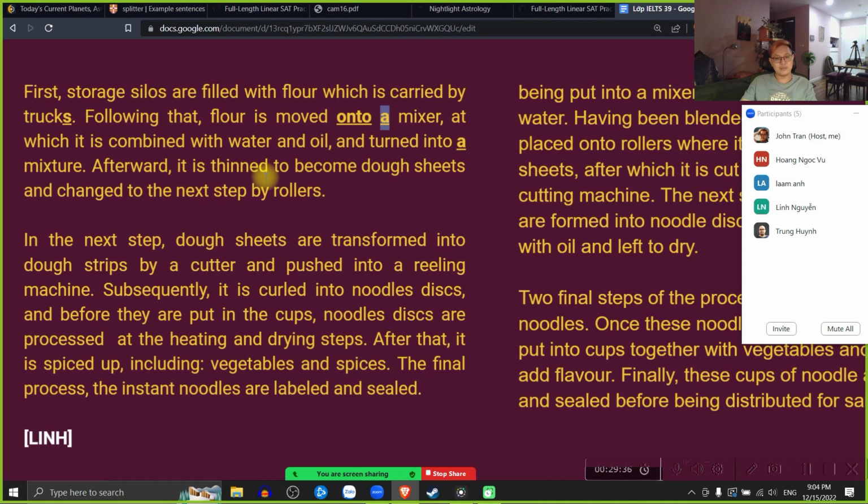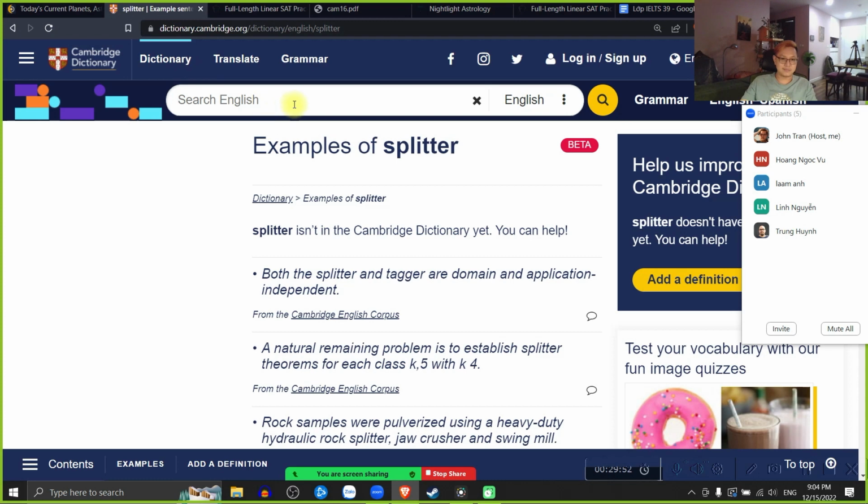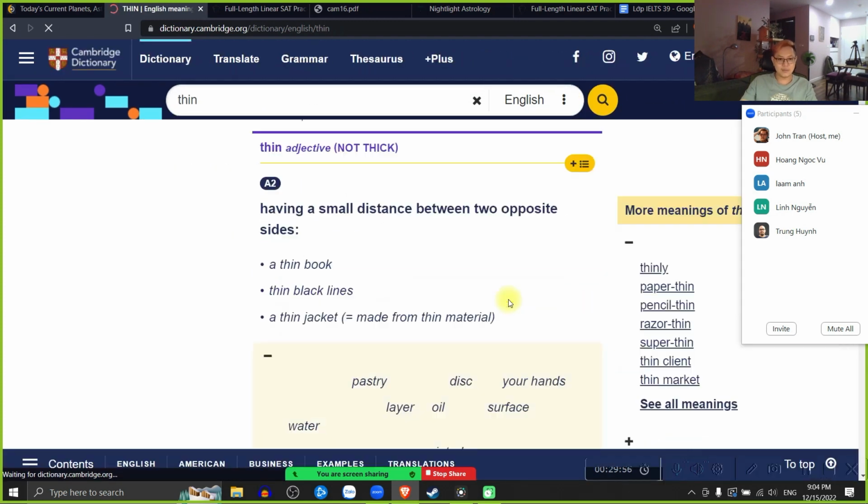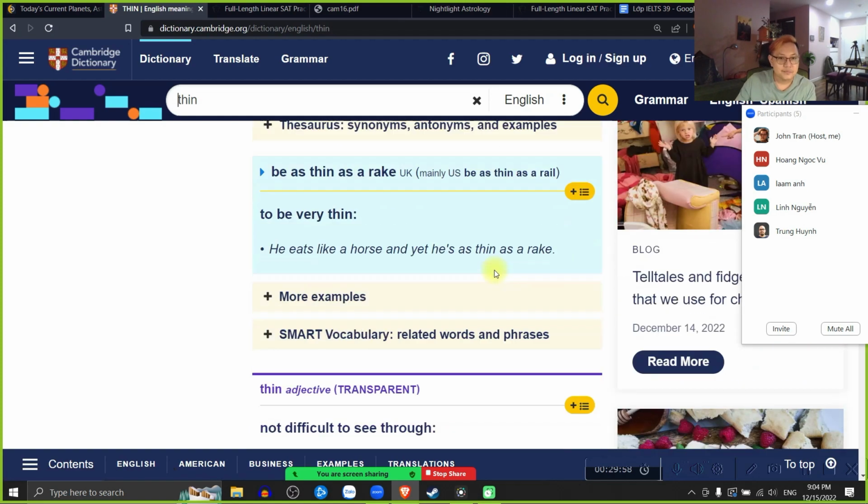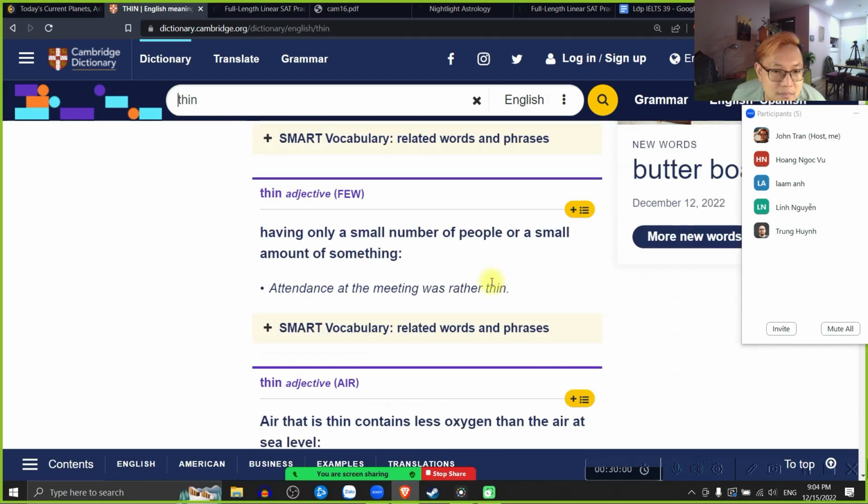Afterward, it is thin. Nó trở nên, nó được làm cho mỏng ra hả? Thin. Được làm cho mỏng ra, tức là giống bỏ nước cho nó loãng ra hay sao? It's thin means it's diluted, right? Thin can mean many things. Look at this one. Verb thin. Động từ thin.